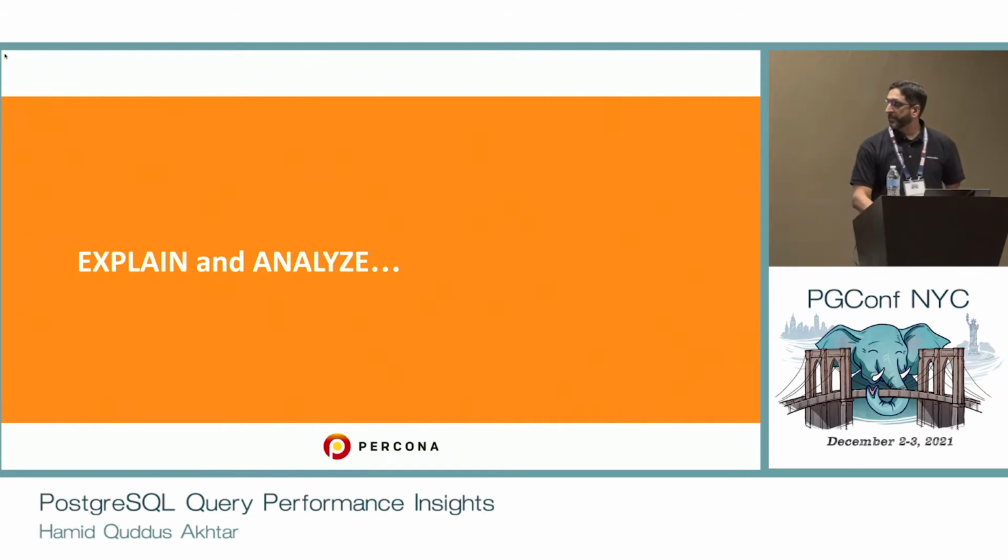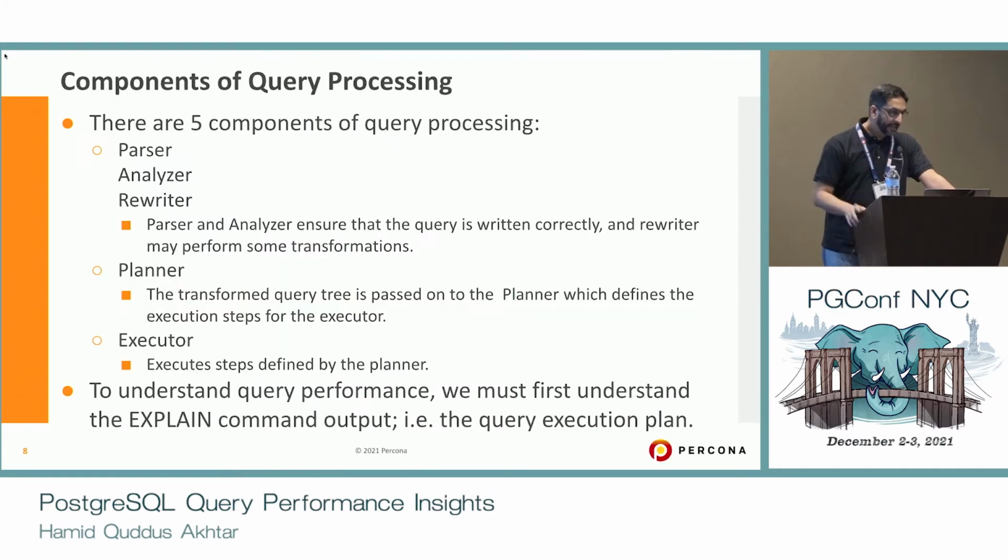So let's start with the very basics. I'm sure most of you are already familiar with this, but we'll just run through it. Explain and analyze. So allow me to explain, and we'll proceed with the analysis then. Query processing is actually broken down into 5 steps.